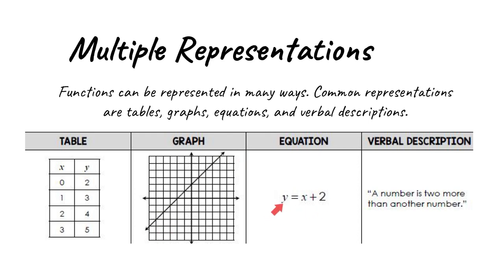Here is an equation, so y equals x plus 2. And a verbal description is: a number is 2 more than another number. So a number right here is 2 more than another number. So x plus 2 equals y. That is the equation given that verbal description.